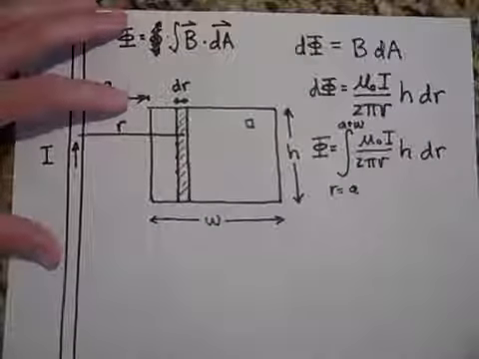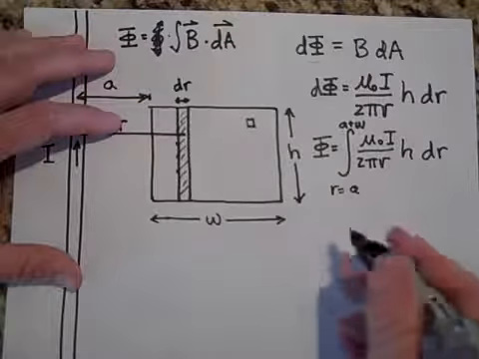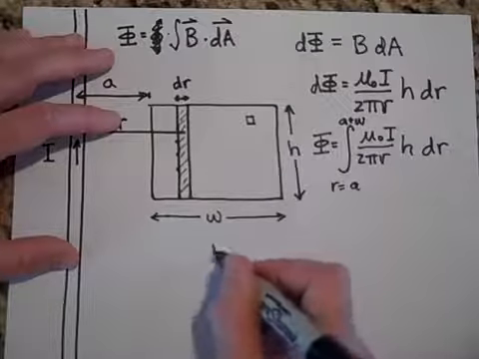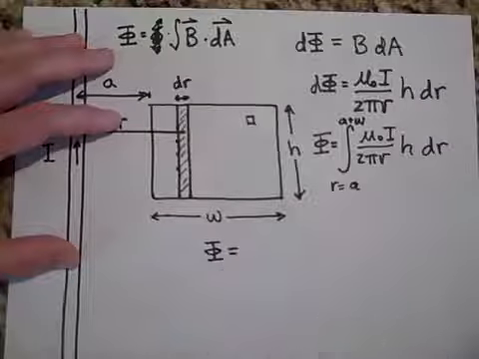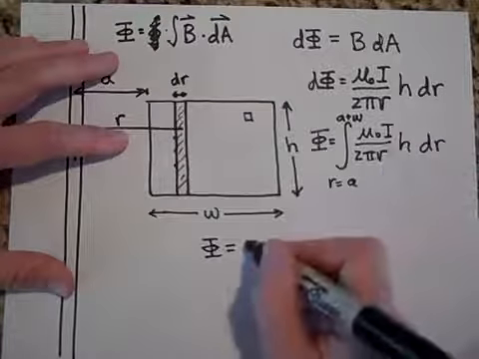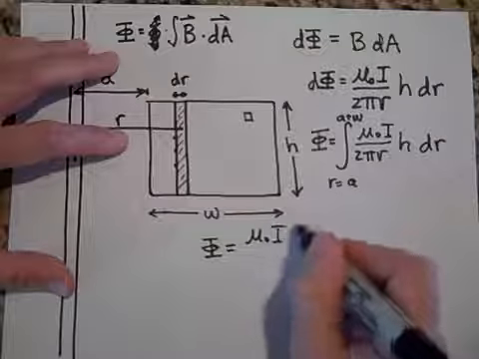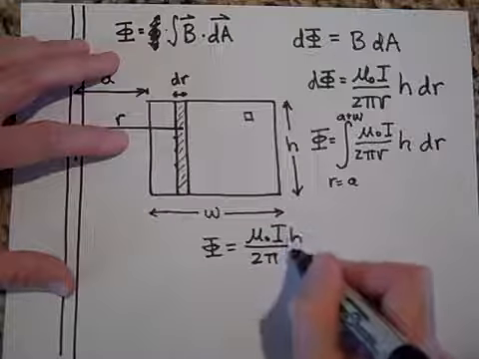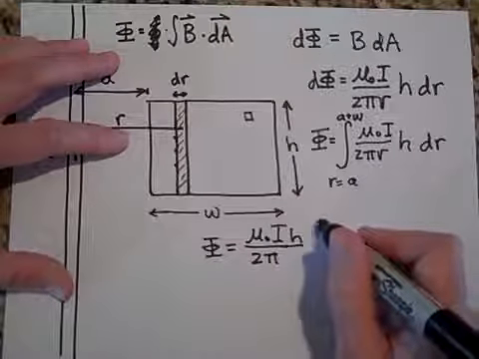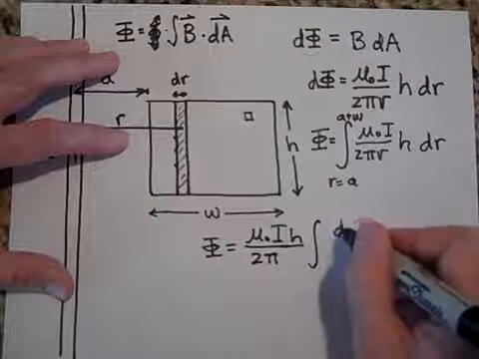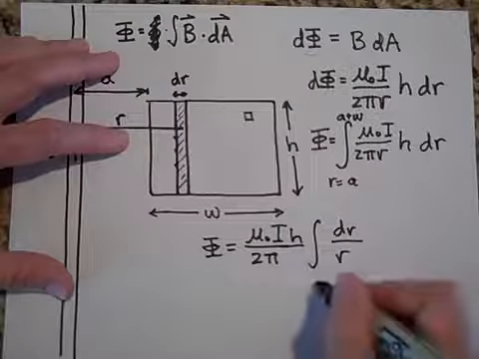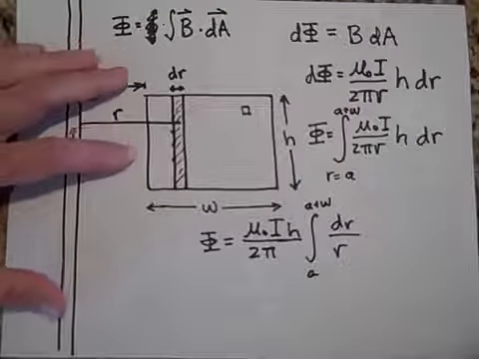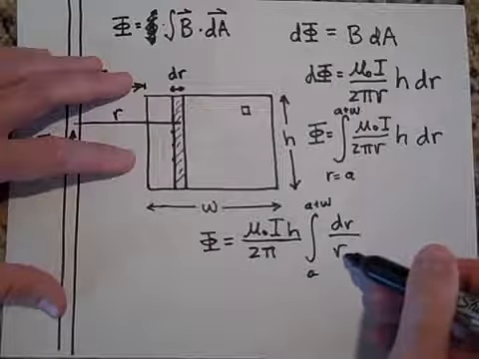A lot of those things are constant, so I'll pull them out of the integral. The total flux through the hoop is going to be equal to mu naught I over 2 pi, and h is also a constant, and I'm left with the integral of dr over r from a to a plus w. That's going to give me the natural log of r.